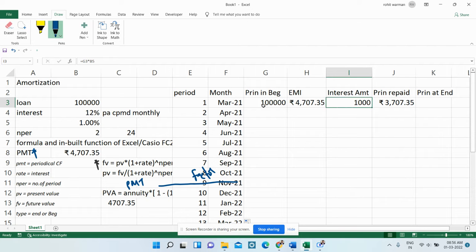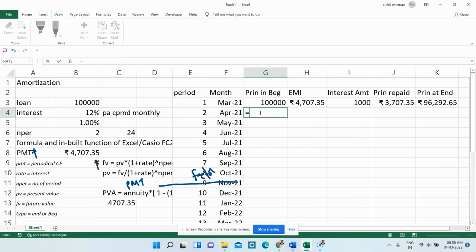And if it is a business loan, then it can be shown as a debit or expense in the income statement or profit and loss statement. Now, what is the principal remaining? What is in the beginning less what is paid. That way we get to know, or we did, for the first month.